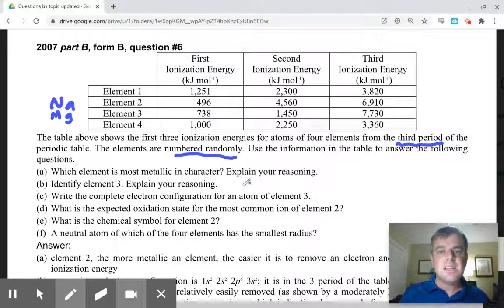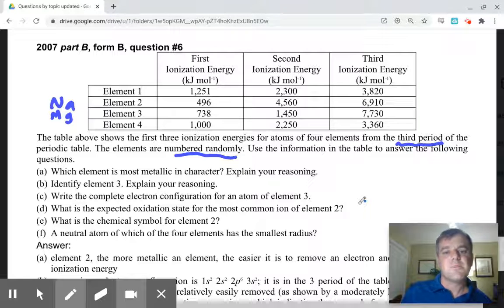Or the high third ionization energy indicates removal of a core electron, so you have two valence electrons, it's magnesium. Then it asks you to write its complete electron configuration, which would be 1s2, 2s2, 2p6, 3s2.